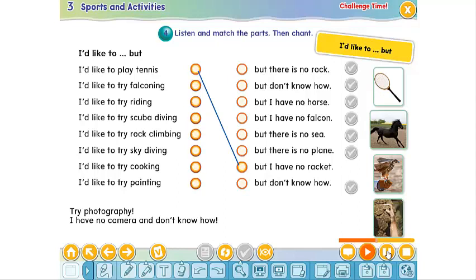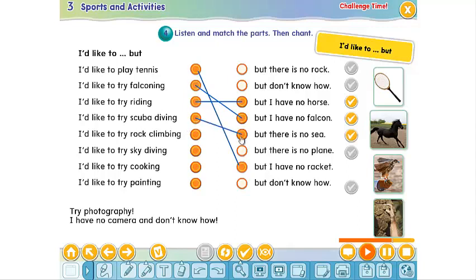Are you ready? Now, let's chant together. I'd like to play tennis, but I have no racket. I'd like to try falconing, but I have no falcon. I'd like to try riding, but I have no horse. I'd like to try scuba diving, but there is no sea.